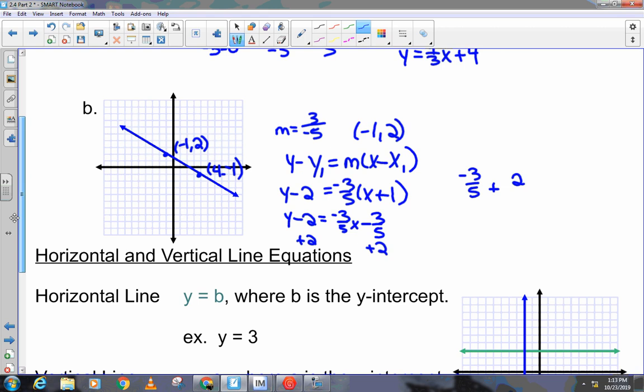And so it's going to be 5. How could you rewrite 2 with a denominator of 5 so that it was equal to 2? 10/5, right? So that would be -3/5 plus 10/5, which is 7/5. Okay. So my equation would be y equals -3/5 x, was it plus? Yeah, plus 7/5.